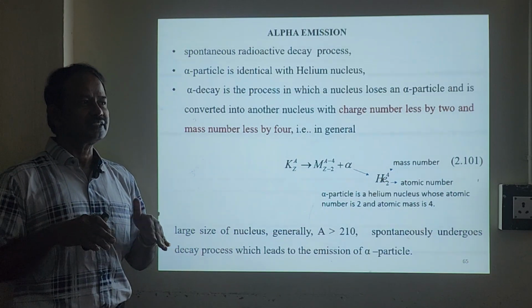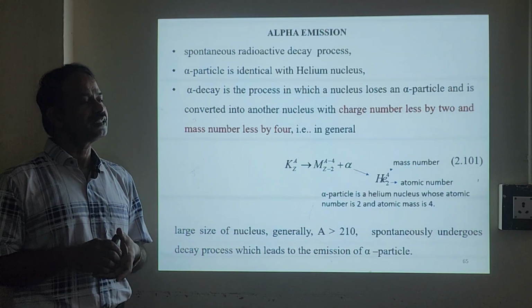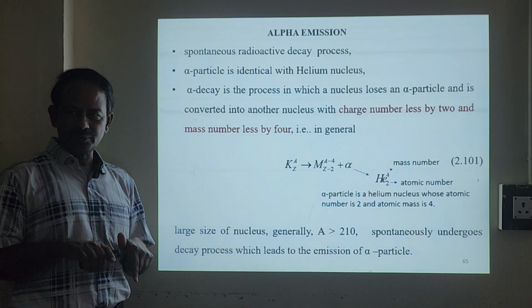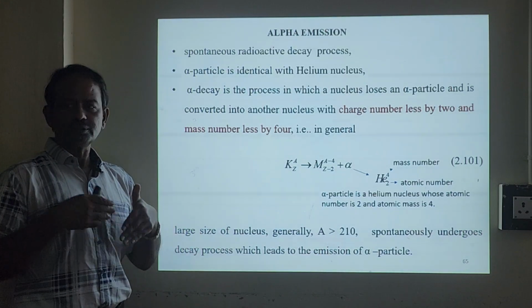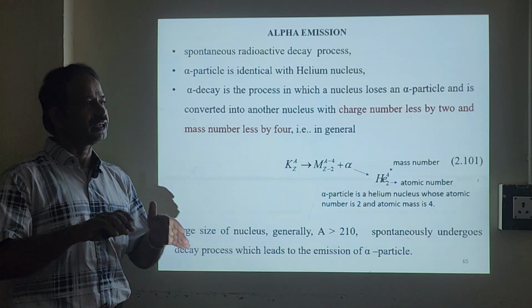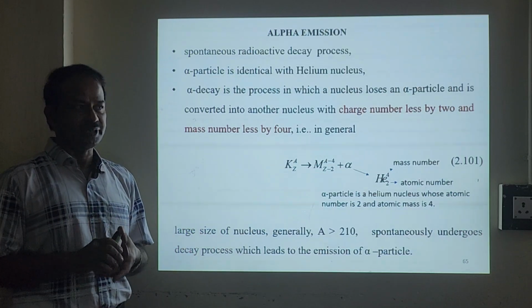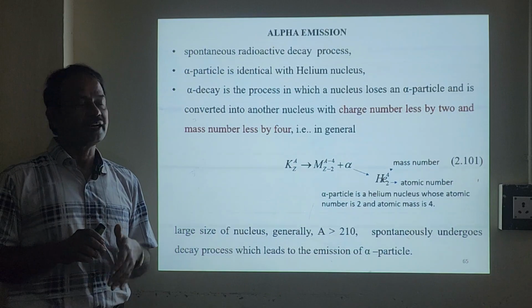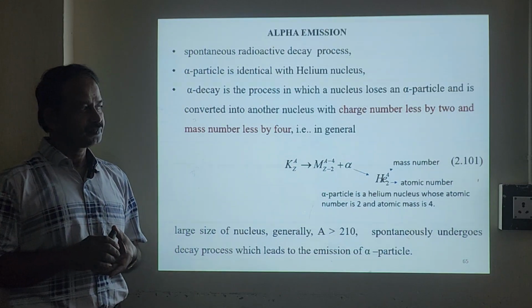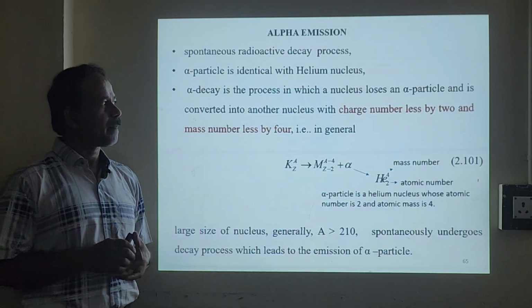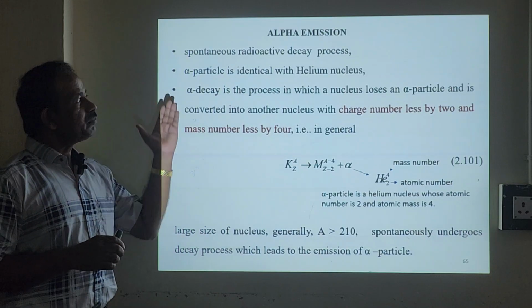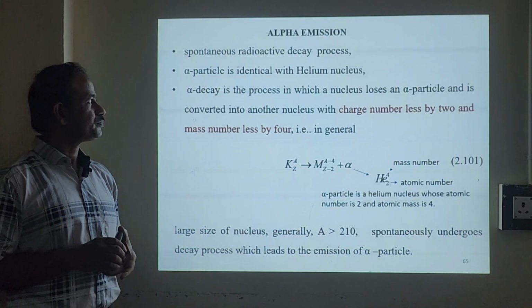So this is an unstable situation, and radioactive elements will undergo the radioactive process, that is, the alpha particle will be emitted. This is called alpha decay or alpha emission. An alpha particle is nothing but a helium nucleus.